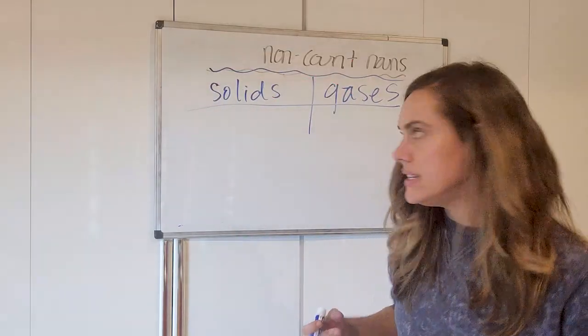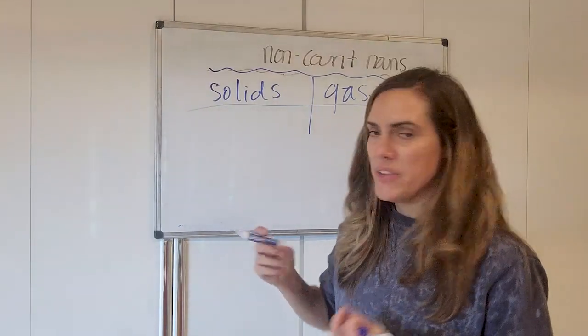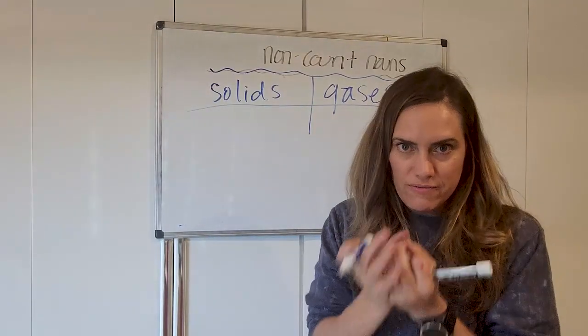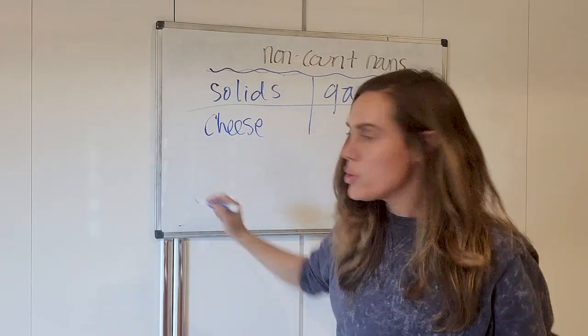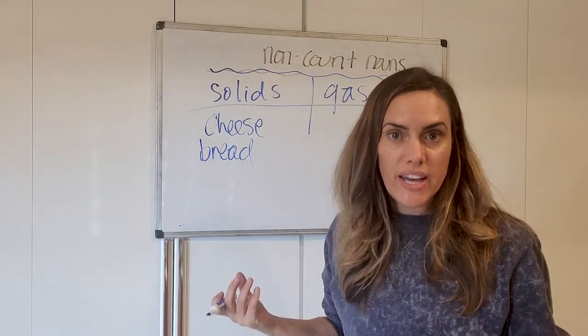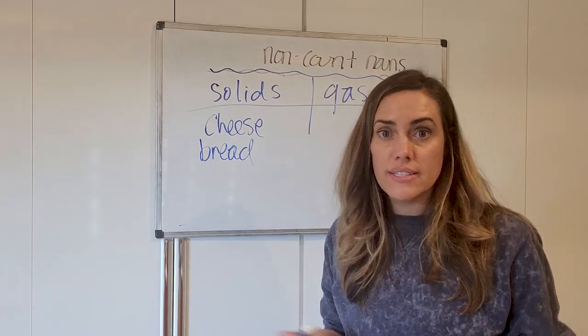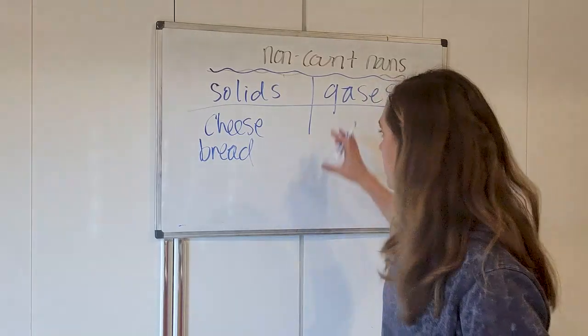And there's more, just a few more, just to give you the idea. Solids are things that are solid, right? They're hard, okay? So like cheese, bread, these things we don't count. Cheese, types of cheese, bread, okay?